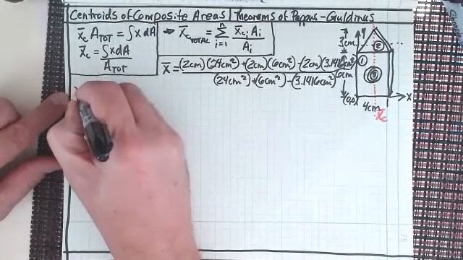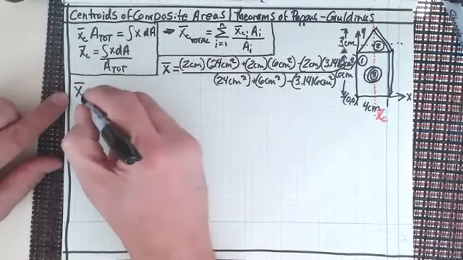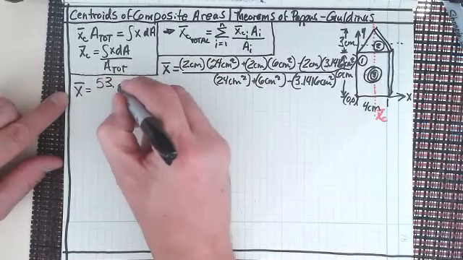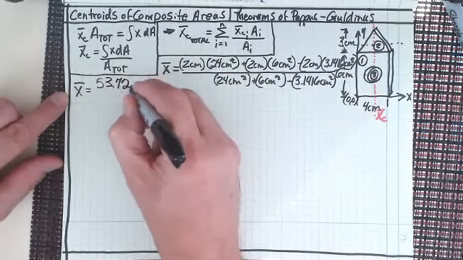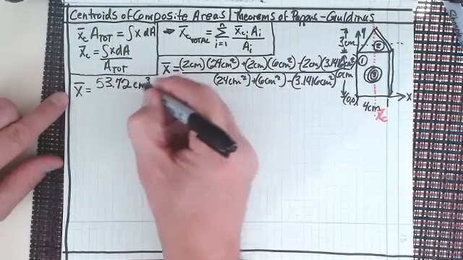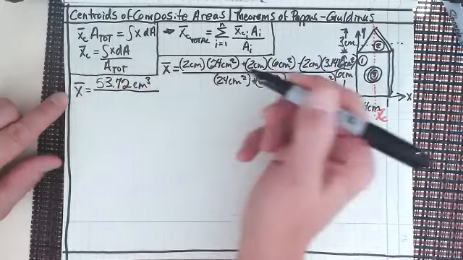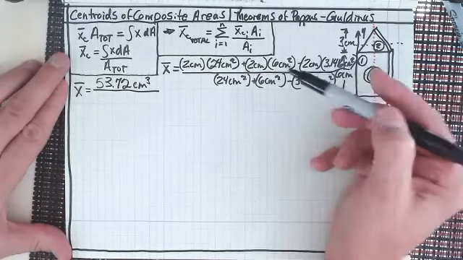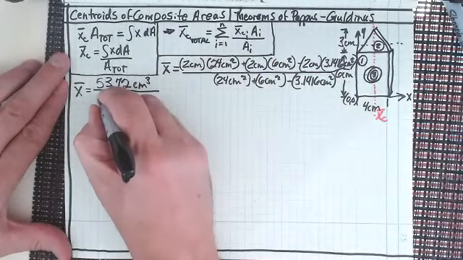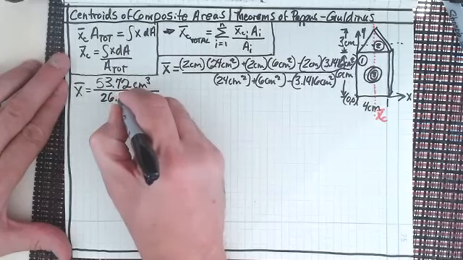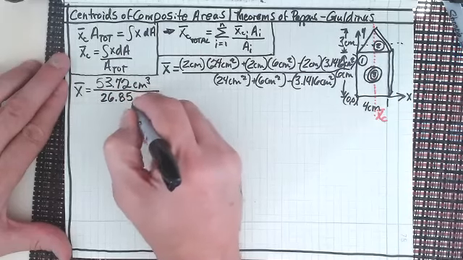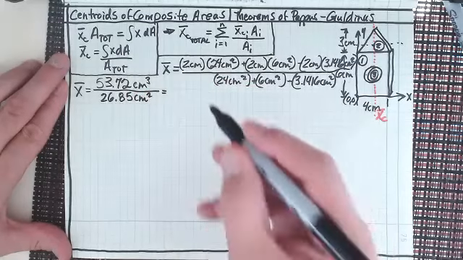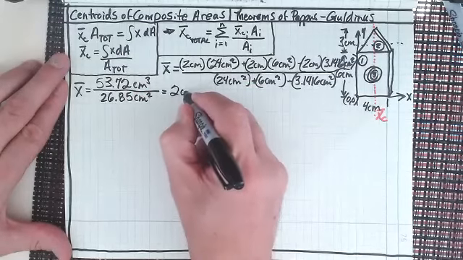So X bar is going to be 53.72 centimeters cubed on top. And then I think we can all see what's going on on the bottom. This is going to be 26.85 square centimeters. And that should give us 2 centimeters.